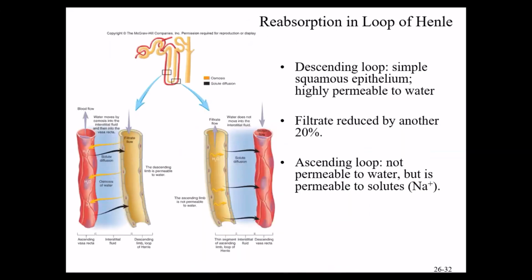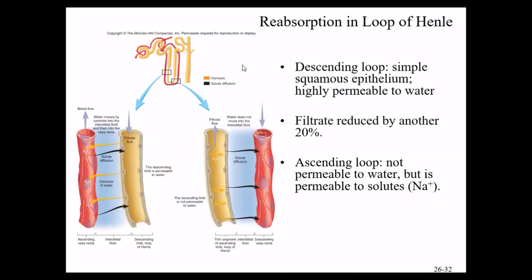Moving down to the loop of Henle, the next set of tubes, the filtrate does get reduced here, estimated by about another 20%. There are different types of cells in the loop of Henle. The descending loop is mostly simple squamous epithelial cells, which happen to be very permeable to water.